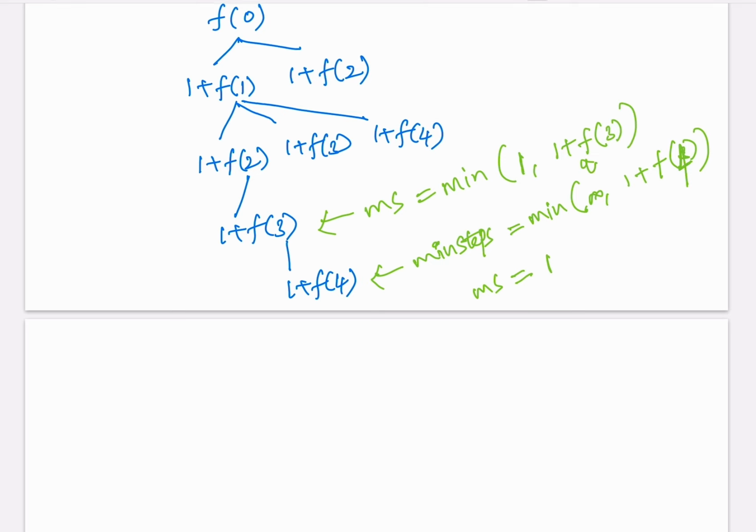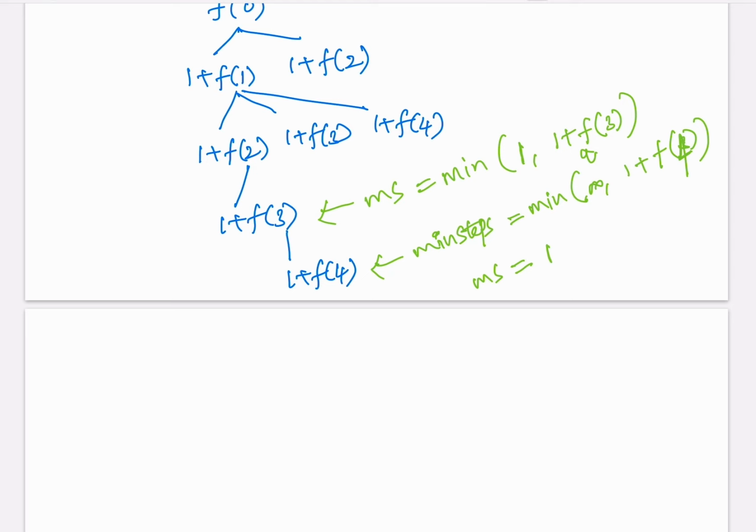So 1 plus f of 3, which is 2, and still minimum step is 1.